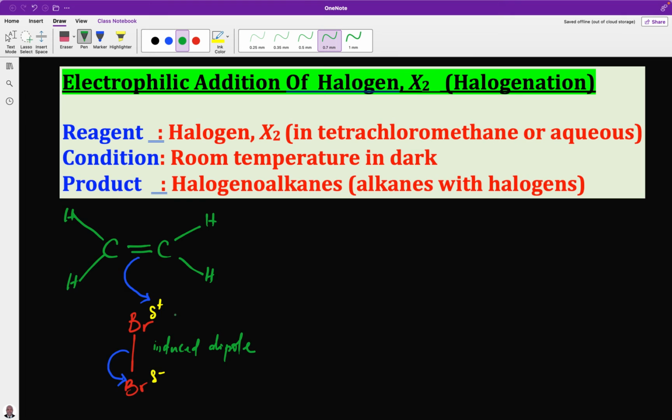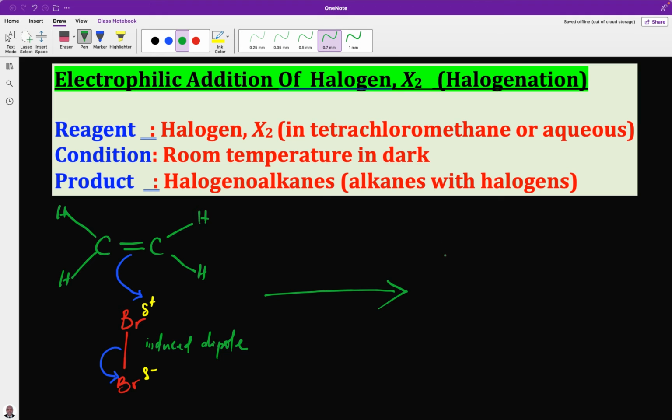And the result is what? This is the result of this reaction. There's carbon, there's hydrogen, hydrogen, hydrogen, hydrogen.